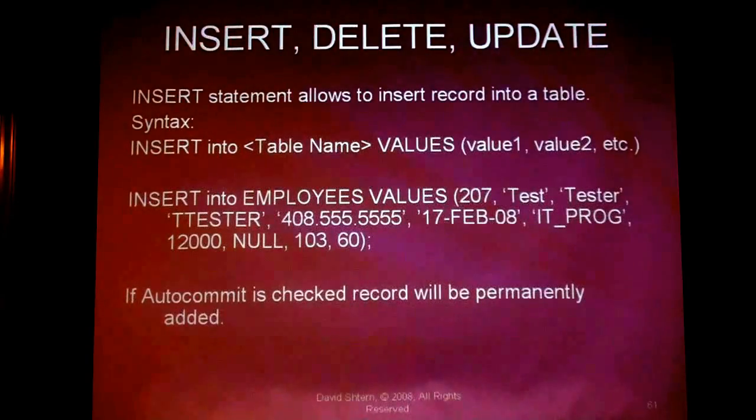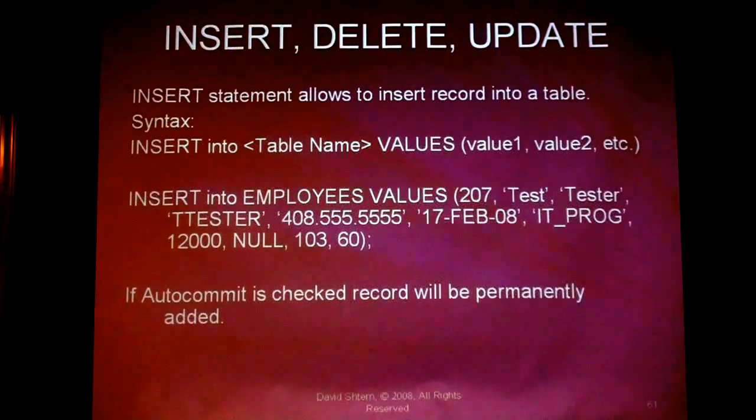For example, if I write it like this, insert 207 will be employee ID, test is first name, test and last name, TT test for email address, this is phone number, start date, department ID, salary, the commission percentage, employee manager ID, and 60 is, what is 60? Department ID? Oh, this is the job ID. Okay, so IT programming is job ID, and 60 is department ID. Okay, in that order. So basically, I list the values in the order the fields are located in the table.